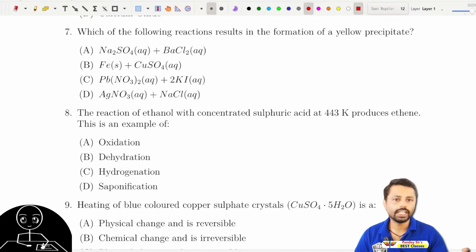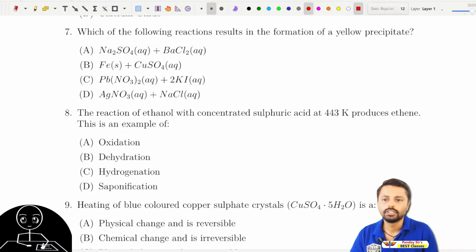Which of the following reactions result in the formation of a yellow precipitate? So think, is it this? Is it this? Which one? Yellow precipitate is formed by lead iodide. Where is lead?